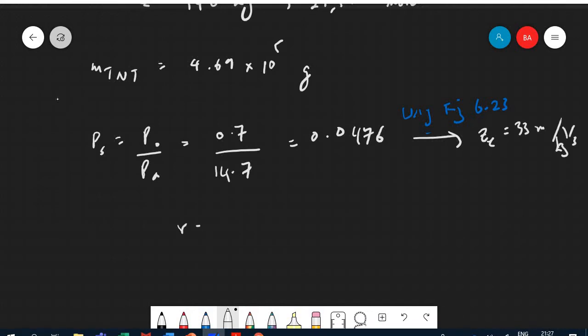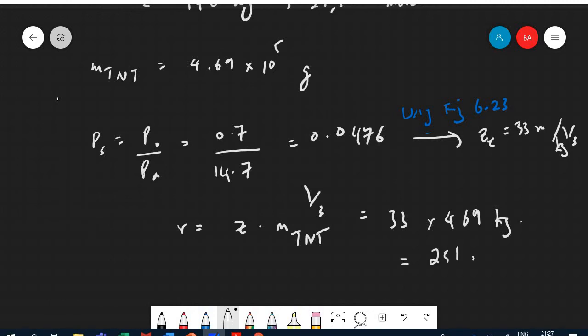And here I just can calculate my R distance, and that's it. I do my calculation, which is 33 multiplied by 469 kilograms of TNT to the power 1/3, and this will be equal to 251 meters, which is equal to 824 feet.